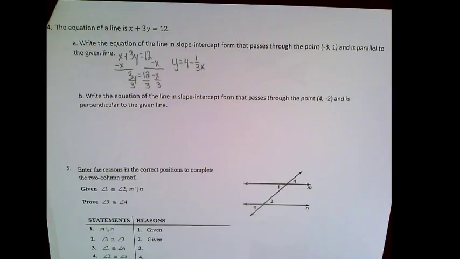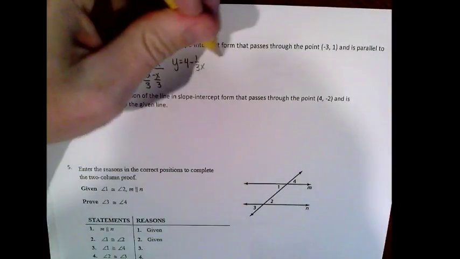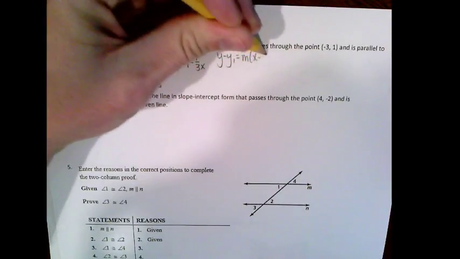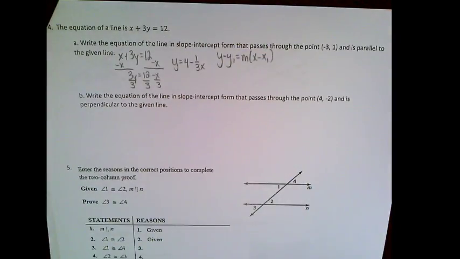So how about in your comments, somebody put what we're going to put in for our slope. So put m equals in there. Hey, Ethan. Put your slope and then put the point in the comment, what we're going to plug in. And here's our equation: y minus y sub 1 equals m times x minus x sub 1. I need a parallel line, and I need the ordered pairs.